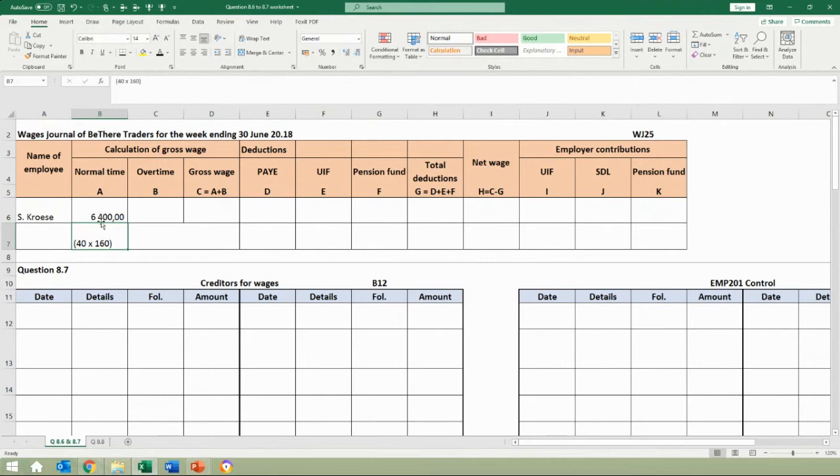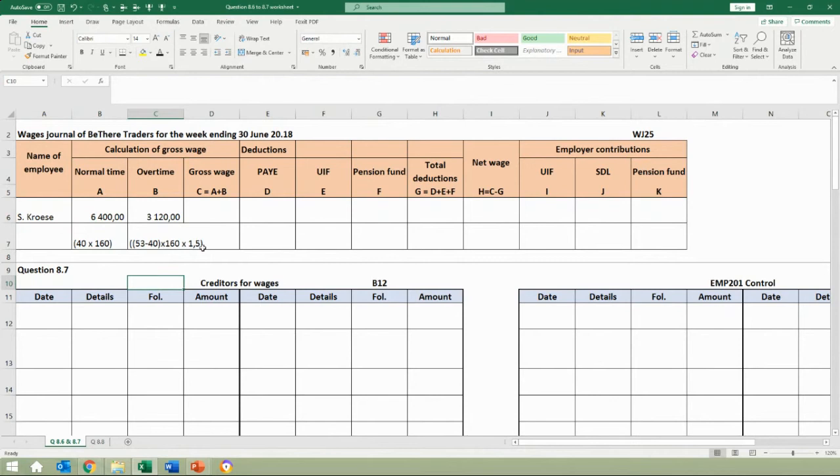What was the overtime Miss Cruz worked or earned? Okay, so Tomato says it's 3,120. That's correct. How we calculated is we took the 53 hours, we deducted the 40 normal hours, we multiplied with the normal rate, which is 160, and then they say overtime is 1.5 times that.